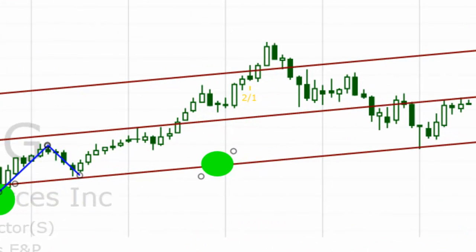This may be the third move, this is the fourth move, and this is the fifth move. And again, price went up, sixth move, and this is the seventh move.